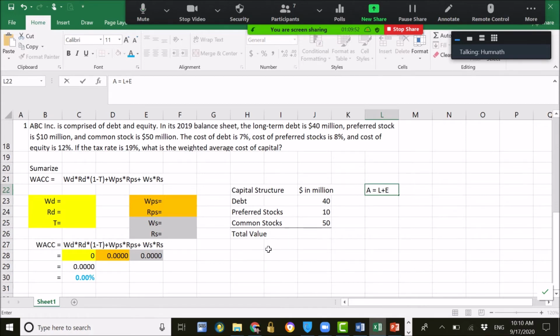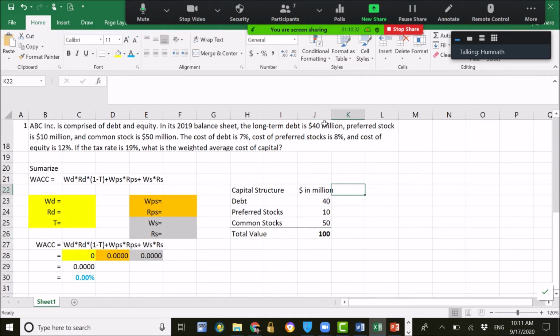So here I don't have the asset side, but pretty much this is the total value of the company. We are only looking at the liability and equity side of the balance sheet. Clear? So this is the total value of the company. The company is comprised of debt, preferred stock, and common stocks. Okay, so we're going to do the sum total, and that's going to give us the total value of the company. How much is that? $100 million.